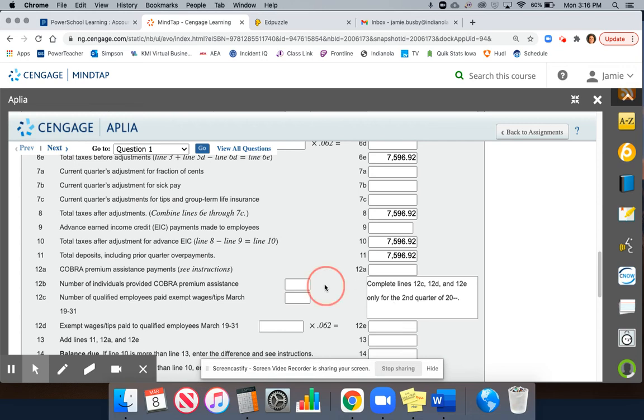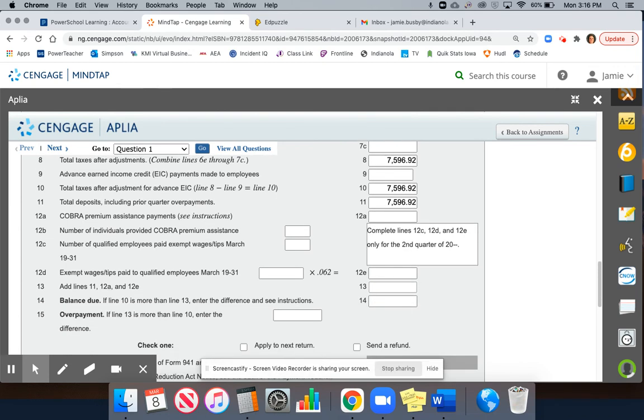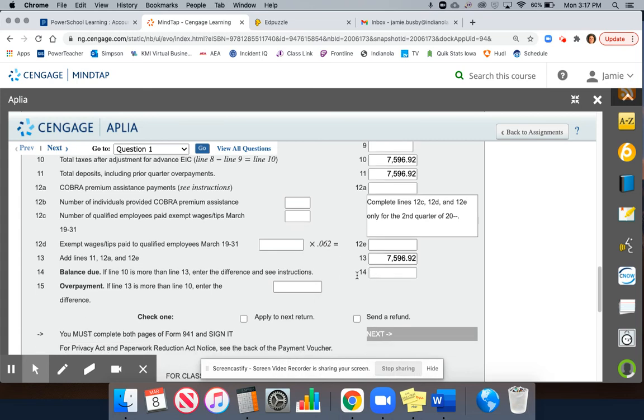It says to fill out 12B, C only for quarter 2, so we're not in quarter 2, so we'll have a 0. 13, add lines 11, 12, and 12E. So again, that same number again, 7,596.92. Nothing here. Our balance due would be 0.